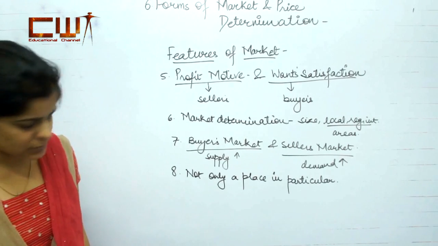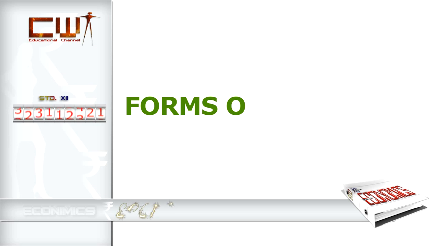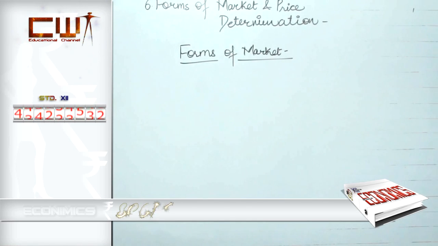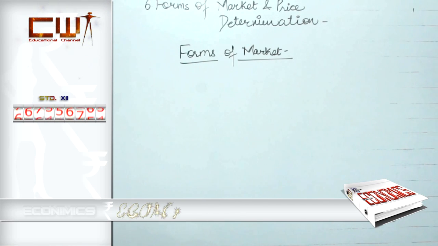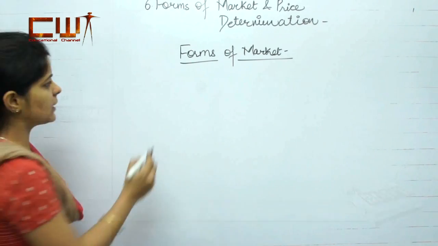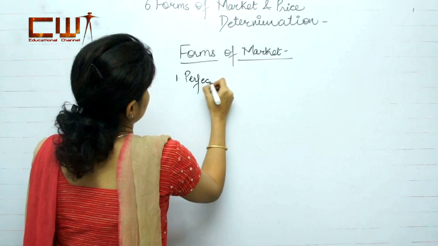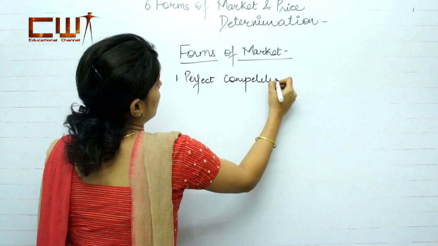These were the features of market, right? And the next thing that we will be dealing with is forms of market. In economics, market structures are generally classified on the basis of competition in the market. There are following types of markets. You have to study the different types of markets that are given to you. First we have the market of perfect competition.